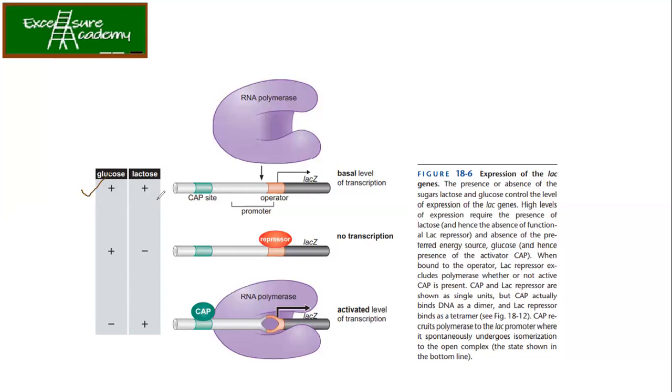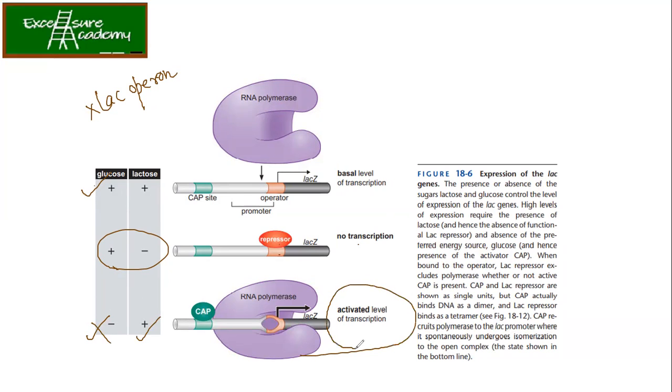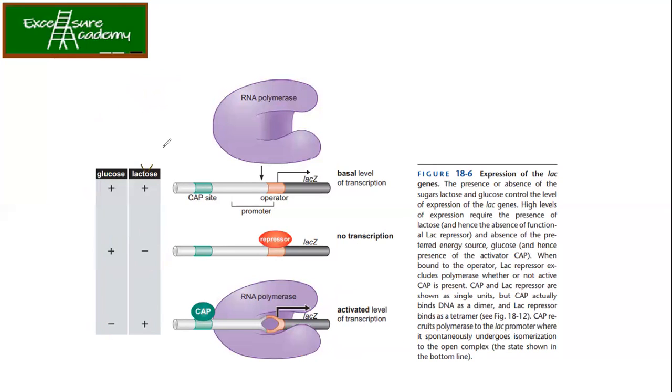Shruti, you do understand that if glucose is there, I don't need the lac operon to get activated, right? This is that scenario, and that's why the repressor is there, which goes and binds to the operator. There is no transcription. Now, glucose is not there, lactose is there. So you do understand the activated level of transcription, correct? Now, the last scenario where you have got lactose and glucose together.